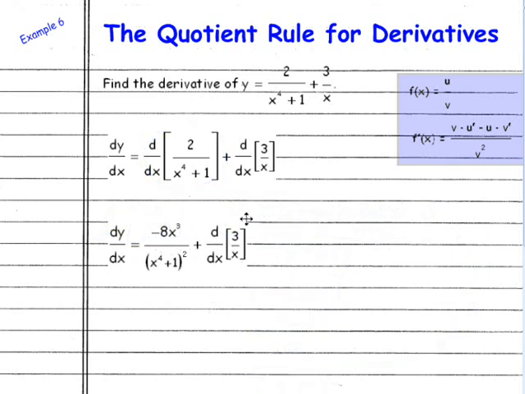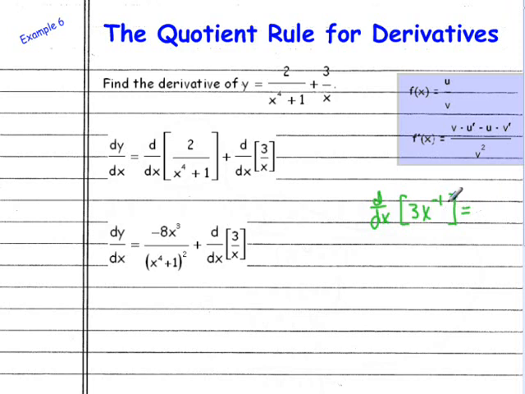Now we turn our attention to the derivative of 3 over x, and we recognize very easily that is a quotient, but that's a non-productive way to do this. We can find this derivative much easier if we consider 3 over x as 3 times x to the power -1. Then the derivative is very easy to calculate.